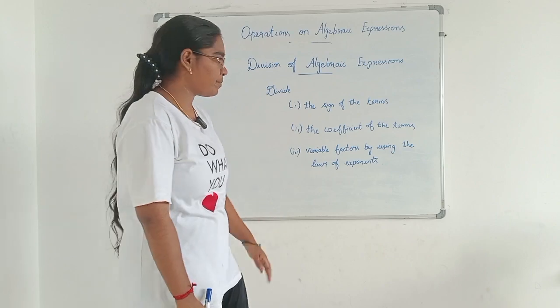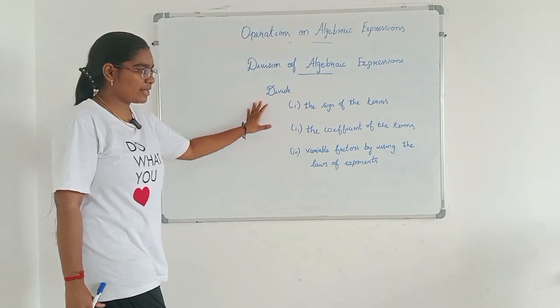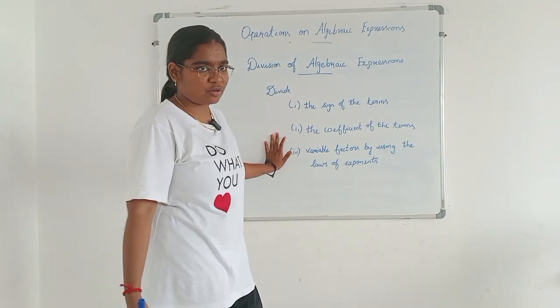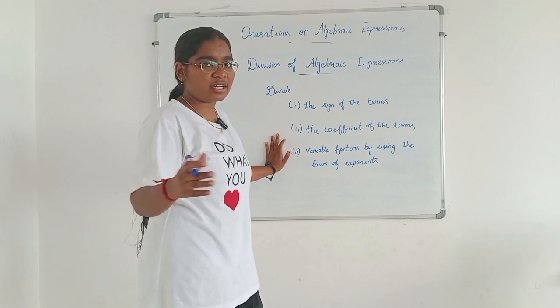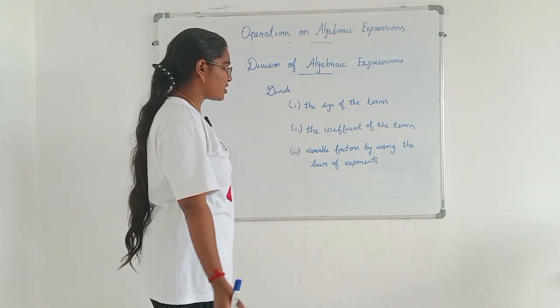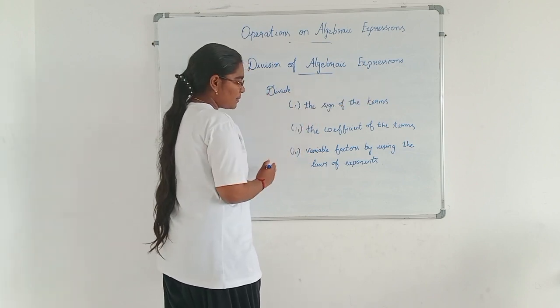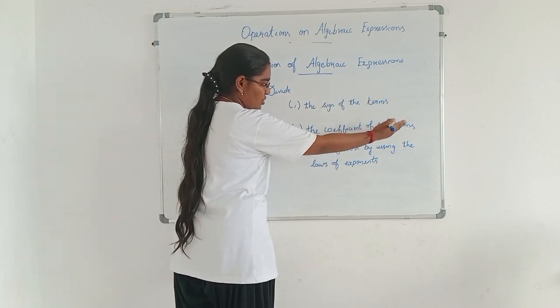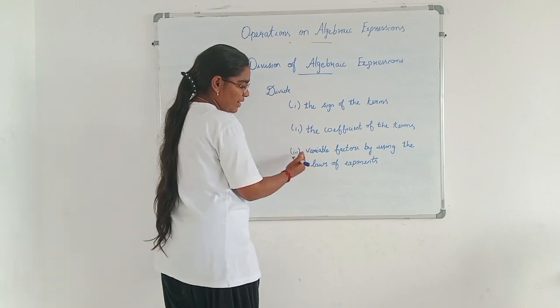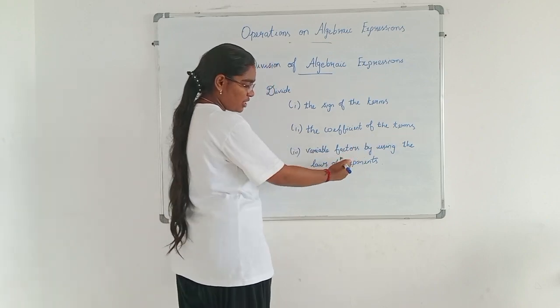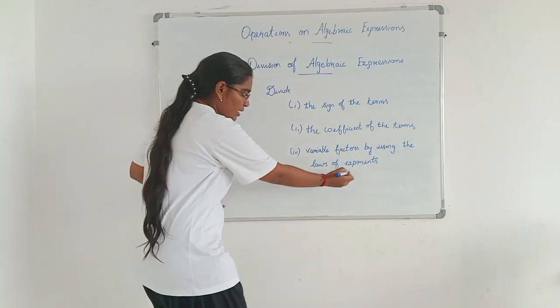Division of algebraic expressions. In division of algebraic expressions, these three rules are to be followed as we followed in multiplication. First rule is, as usual, divide the sign of the terms. Second, divide the coefficients of the terms. And third, divide the variable factors by using the laws of exponents.